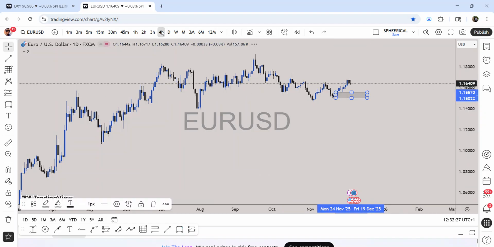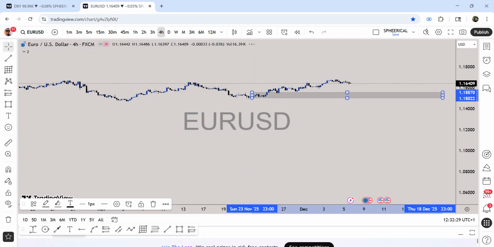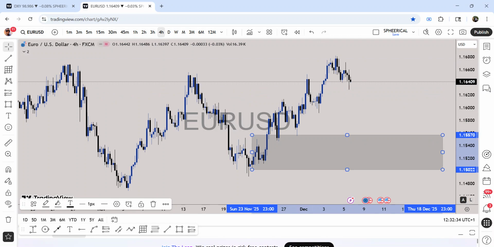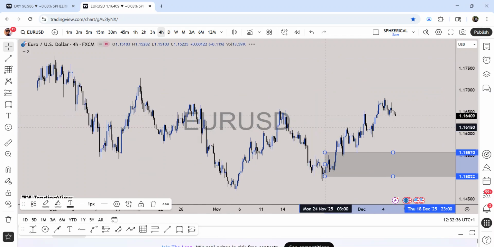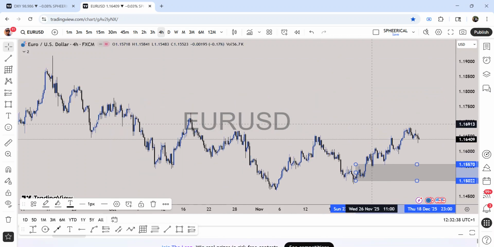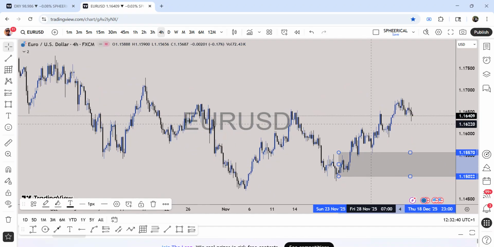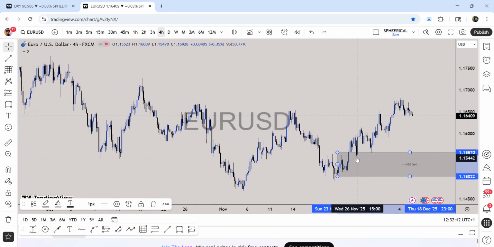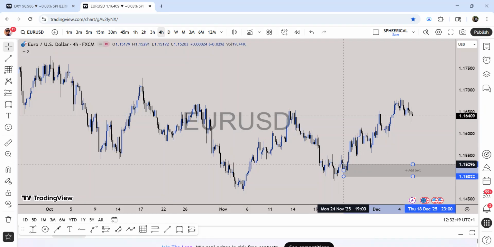So let's go to 4 hours and check things. In 4 hours, we have liquidity. You see, we have 2 liquidity points. So this point of interest is still valid.